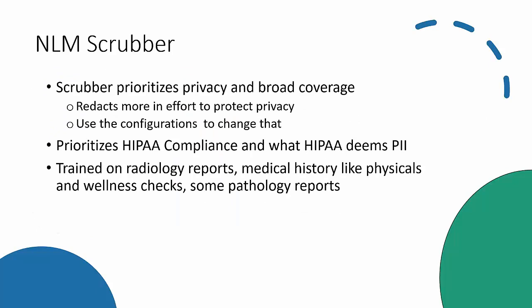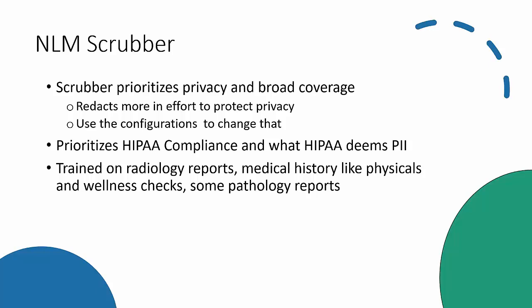And then just a little bit more context about Scrubber and how it works. The way Scrubber is set up, it actually prioritizes privacy and being HIPAA compliant over keeping certain pieces of data. So it's going to redact more information in order to comply with that HIPAA privacy. Scrubber is designed to remove what HIPAA deems as PII.